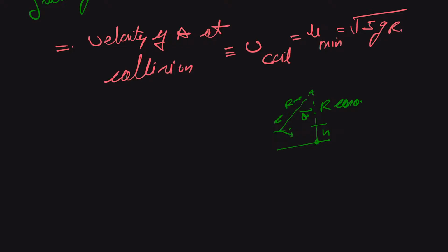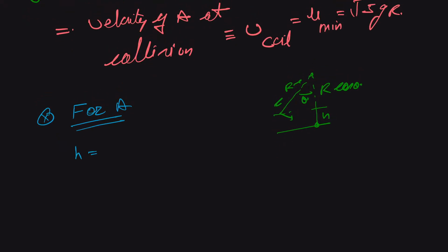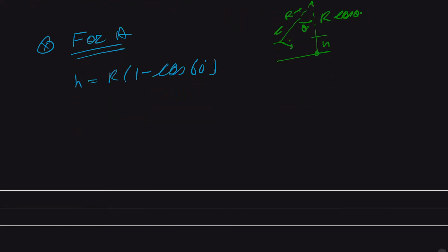Therefore for A, we can write that our H will be equal to R times 1 minus cos 60. Therefore we get that the value of H will be equal to R by 2.